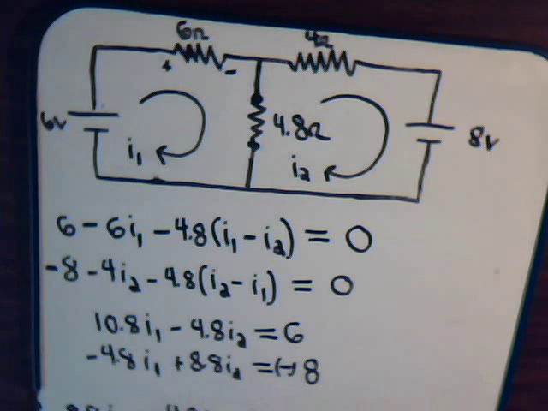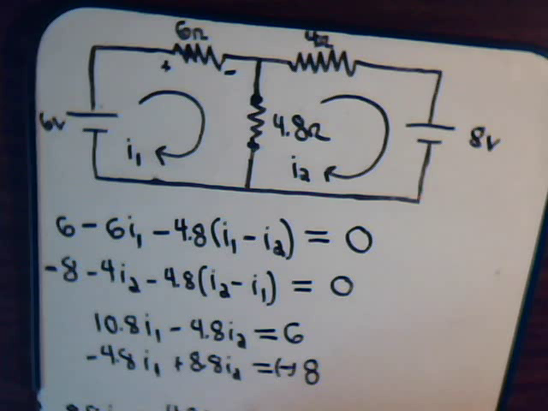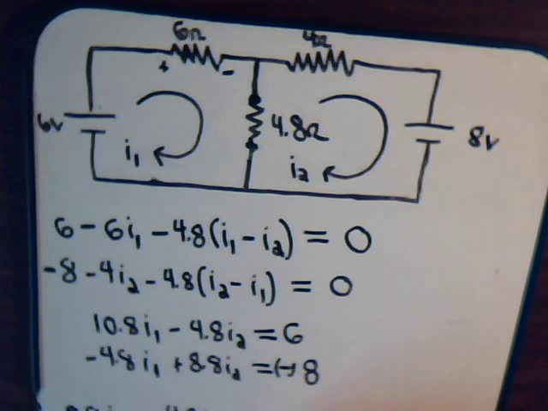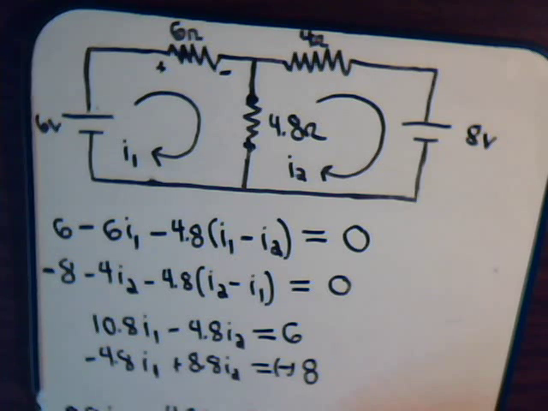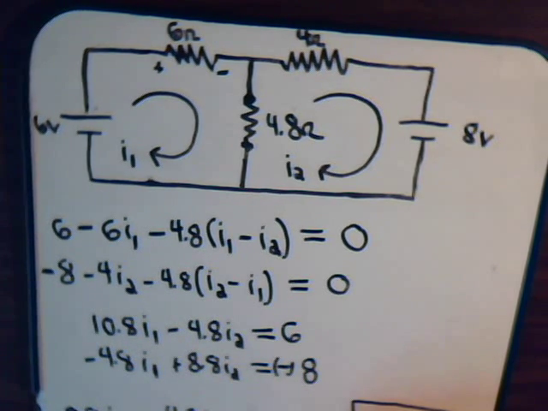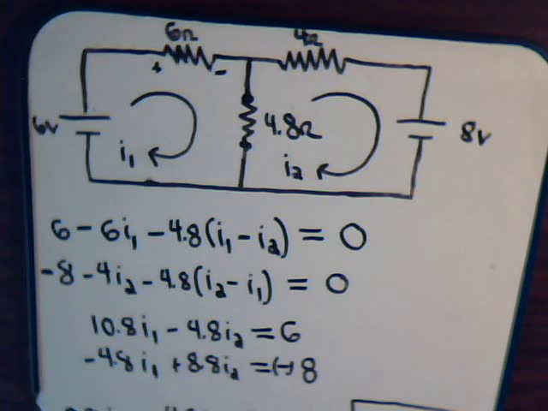Solving this for I2, we determine that to be 0.54 times I1 minus 0.9. So what we can do then is substitute that for the I2 in the top equation, and that's going to be expressed entirely in terms of I1.